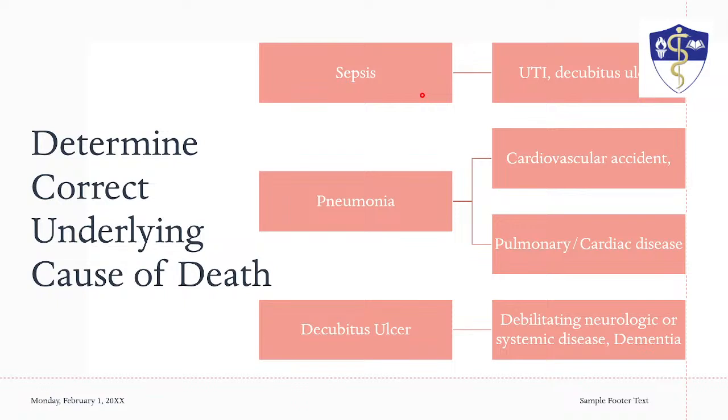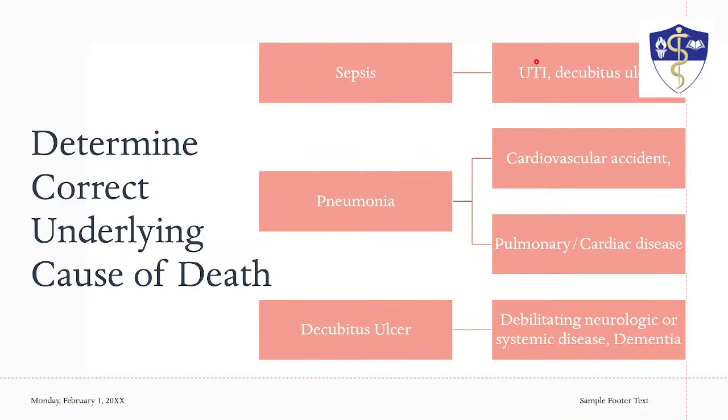Sepsis. The patient has sepsis. Look for the cause of the sepsis. Is it due to UTI? You write down UTI. Is it due to a decubitus ulcer? You write it down, decubitus ulcer.